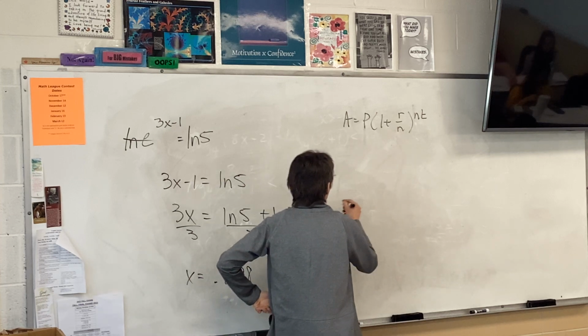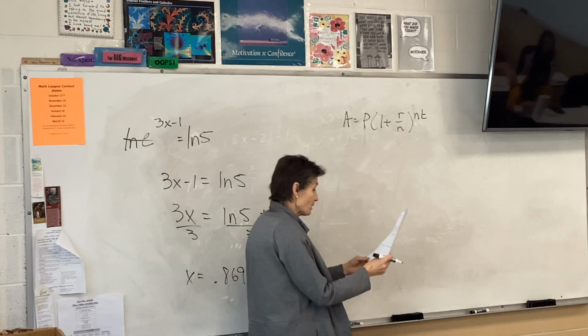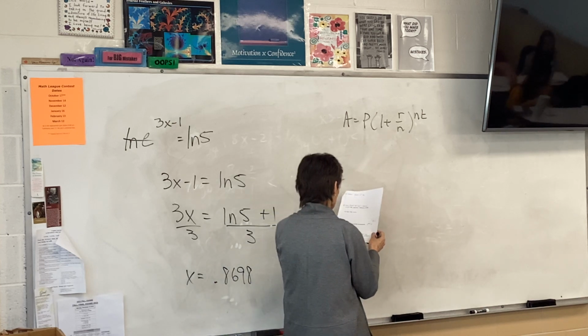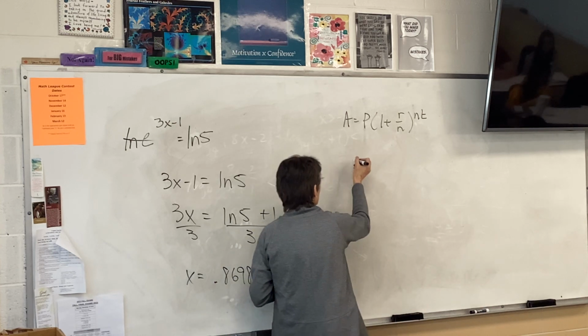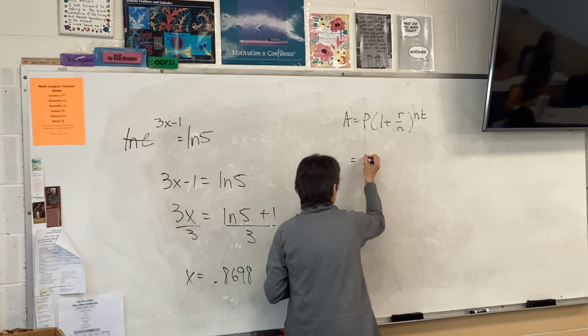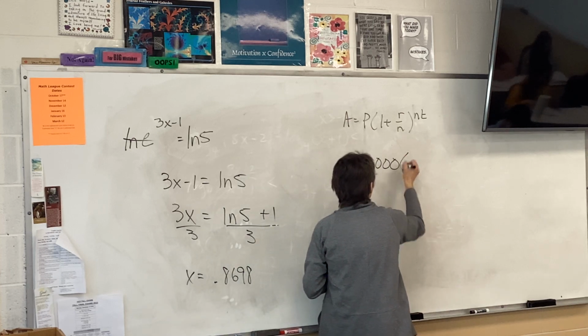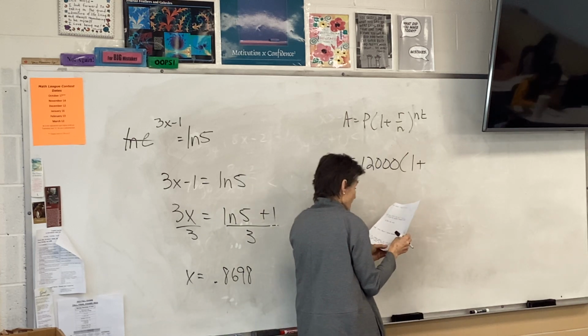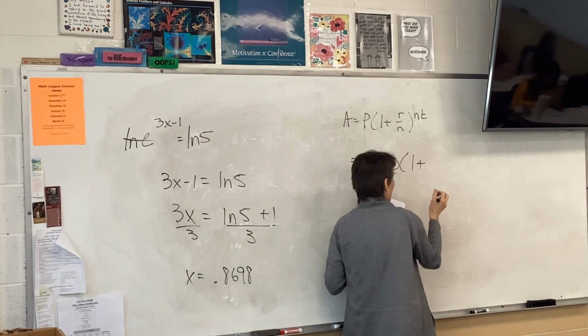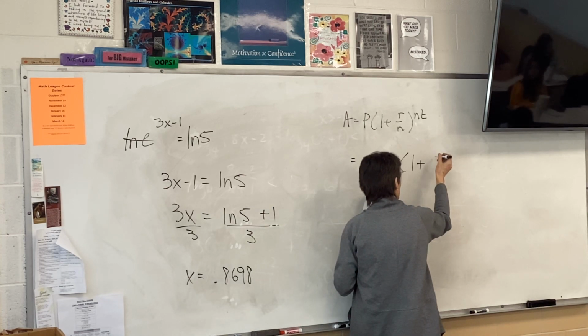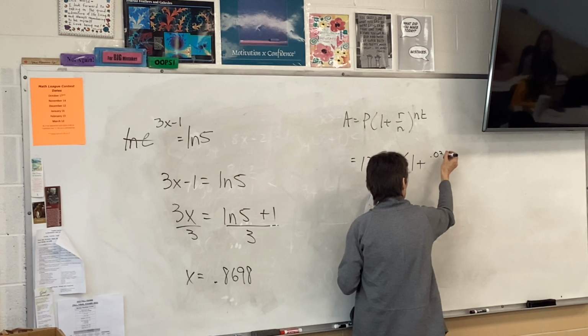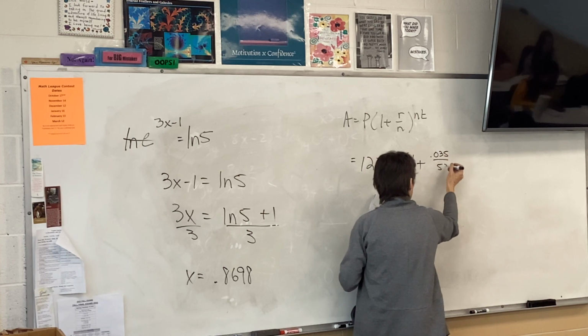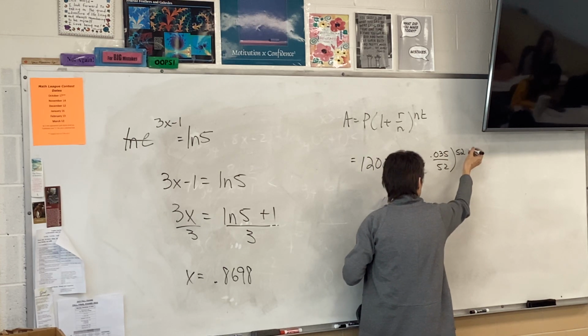So, here we go. I'm going to start plugging stuff in. How much would you have if you invested 12,000? So where's the 12,000? P. P, that's how much I invested. Interest rate is 3.5, so in my formula, that's 0.035 divided by 52 to the 52.